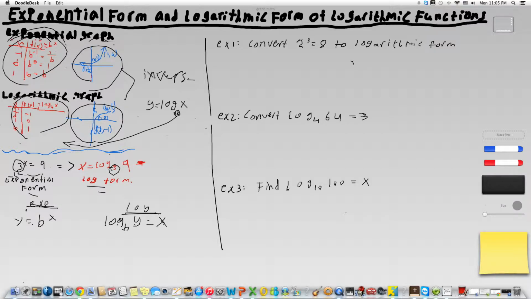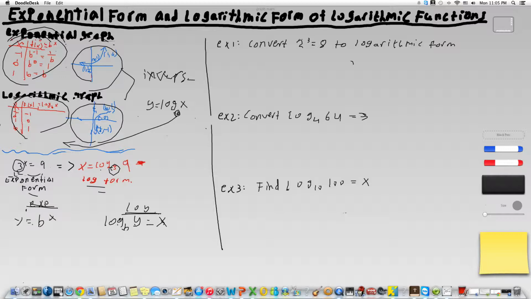You can see that nothing changed but the base moving from left to right, with simply the word log added to the logarithmic equation.